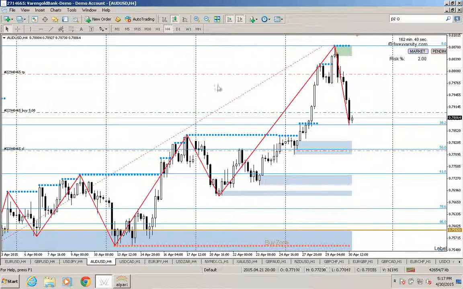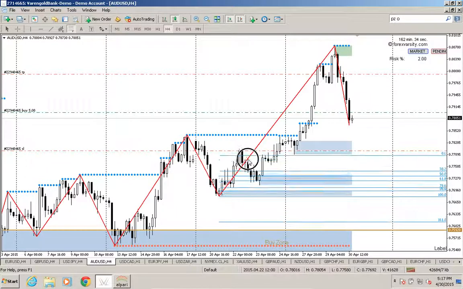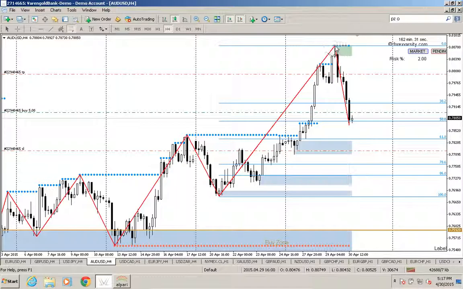Let's go to 4 hours. We take 4 hours, we draw Fibonacci. Now on 4 hours, we'll be looking at buying. So we draw it from our most recent low to our most recent high, A and B. The low was on the 20th of April, the high was on the 29th of April.